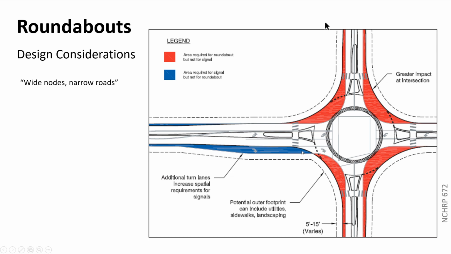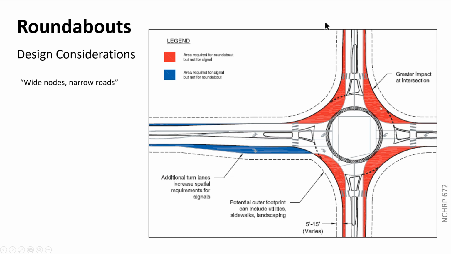Well, we often have to add auxiliary lanes, which we learned about last time. You often have to add these auxiliary lanes, and that adds up, that takes the space up. So that's this blue area that we're adding in. The roundabout does need more area in places, but it's almost always near the nodes.